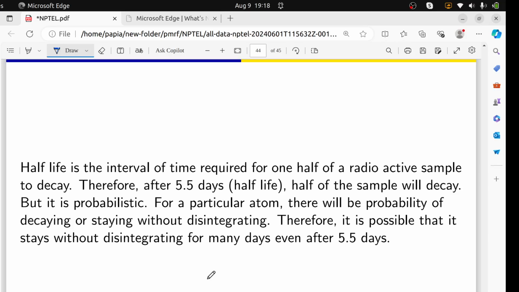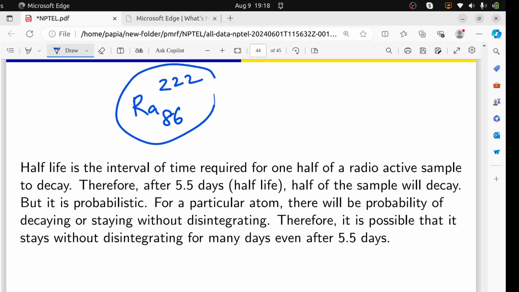After 5.5 days, half of the sample will decay. But it is probabilistic. For a particular atom, there will be a probability of decaying or staying without disintegrating. Just see these things. One particle of radon 222 is the only one in the system right now.